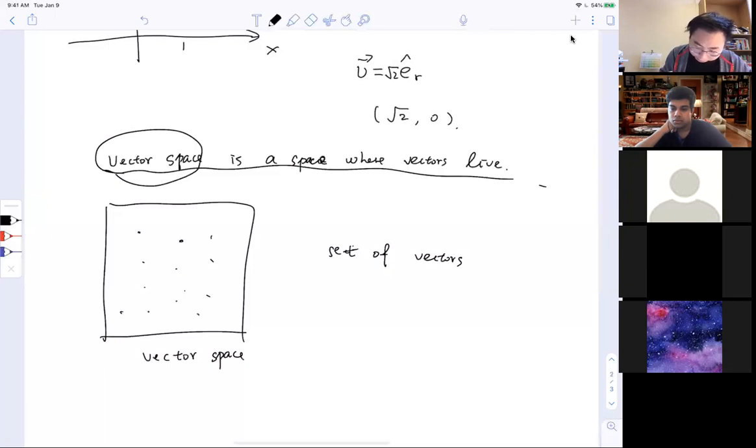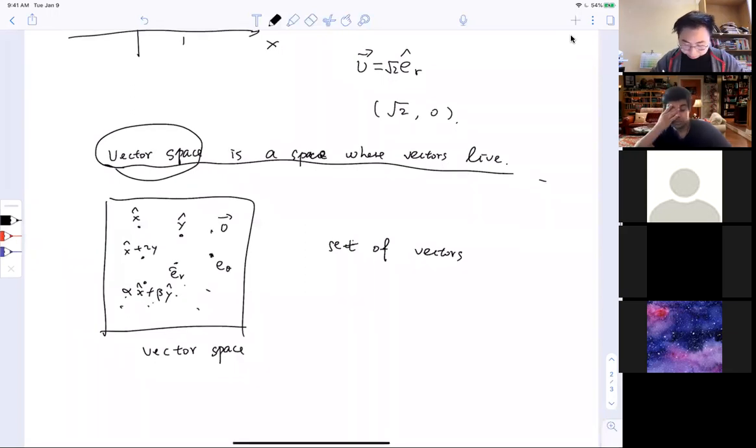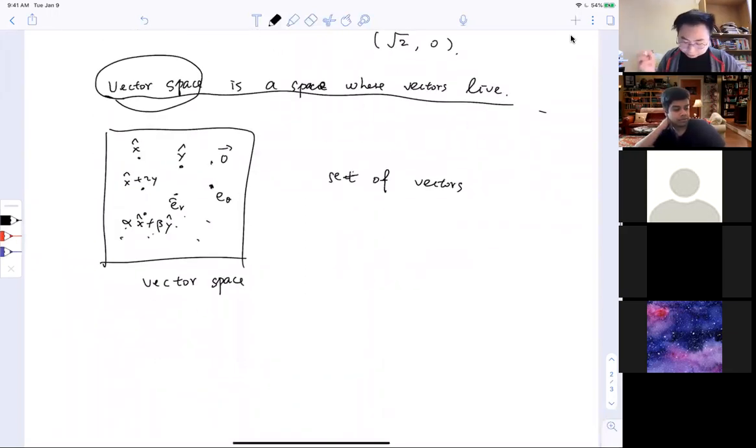For example, this point can be x, this point can be y, this point can be x plus 2y, this point can be e^r, this point can be e^(i theta), this point can be the zero vector, this point can be any alpha x plus beta y, where alpha and beta are real numbers or whatever. If you add any two elements in this vector space, you will get another element in this vector space.